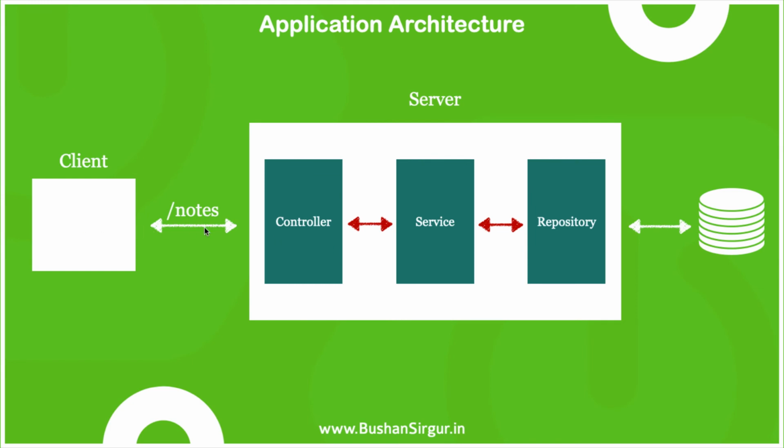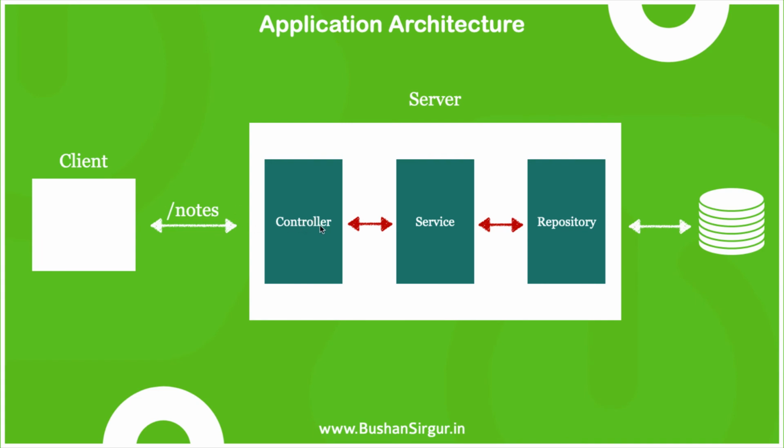When a client sends a request, let's say /nodes, the server takes that request and sends it to the controller. The controller is going to handle all the HTTP requests. It takes that request and maps the HTTP URI to the controller methods, and each handler method is mapped to a URI.